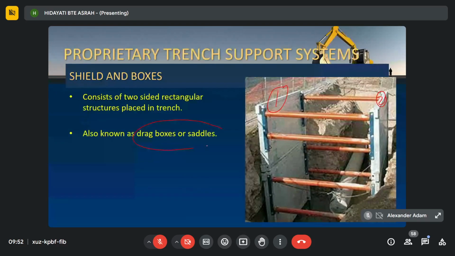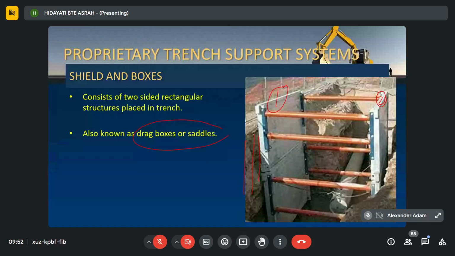Usually this type of support system is designed as a safety device against collapse without the need to support the trench side. They are pushed into the ground as the excavator digs out the soil between the plates. During excavation, they excavate the soil and at the same time push these shield and boxes into the ground.